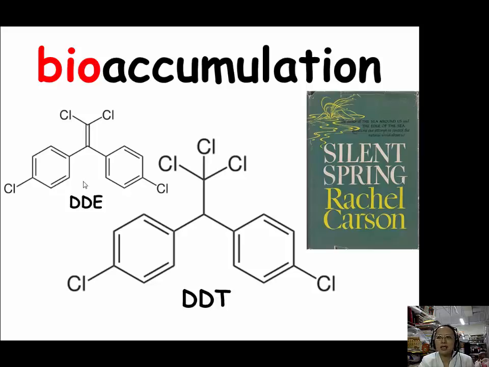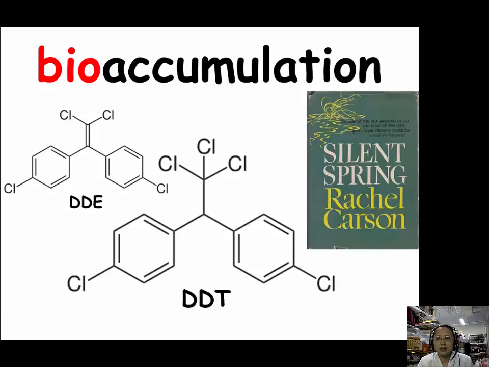They are stored mainly in the body fat. Because they are stored in the fat, DDT and DDE are resistant to metabolism. In humans, their half-lives are 6 and up to 10 years, respectively.